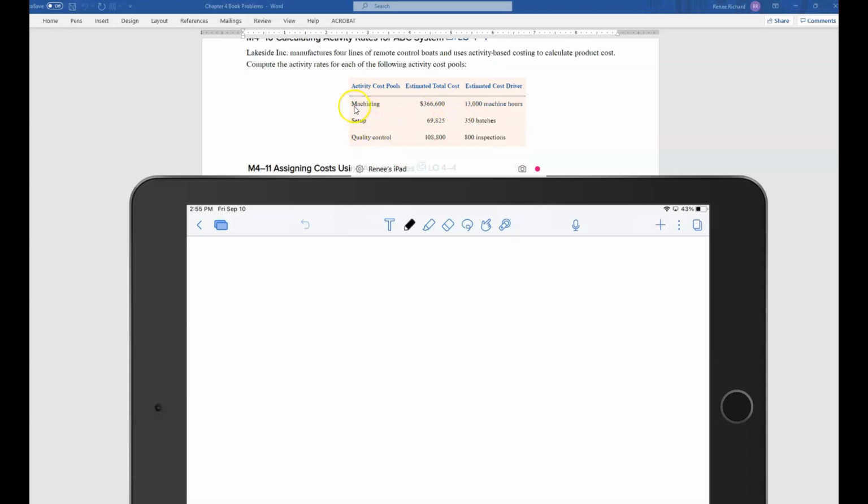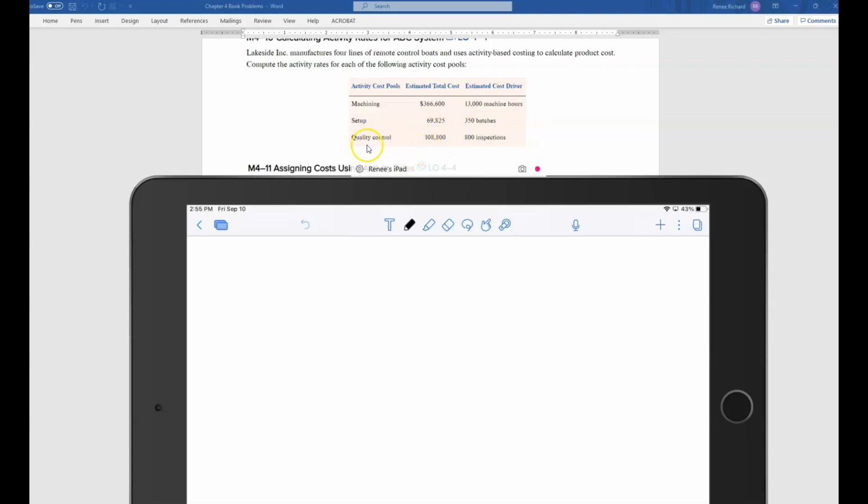So they're saying we have overhead in machining, and this is our estimated cost, and those costs are driven by the number of machine hours. We have overhead for setup, and those costs are estimated at $69,825. And those costs are driven by the number of batches we do. Quality control.